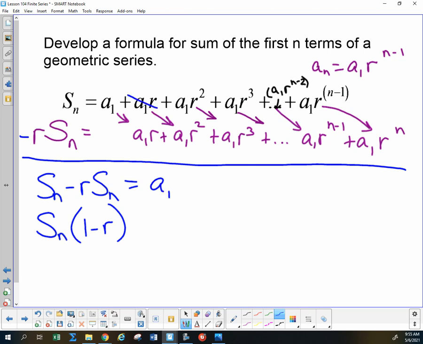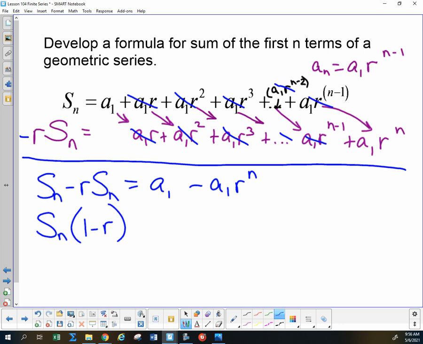But I have a1r minus a1r, a1r squared minus the a1r squared in the second row, and so on, and so on, and so on. But then all that I am left with is 0 minus that a1r to the n in that second row.